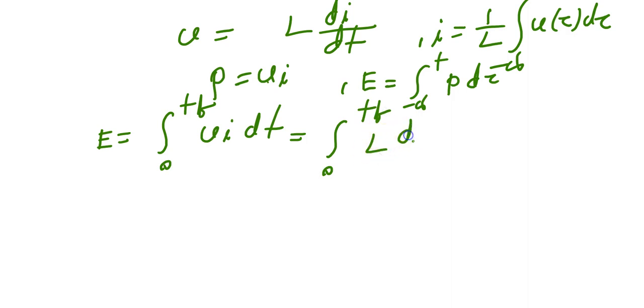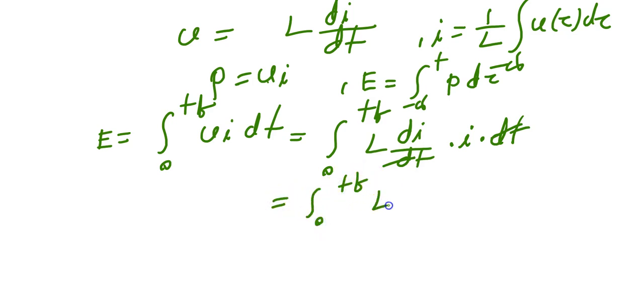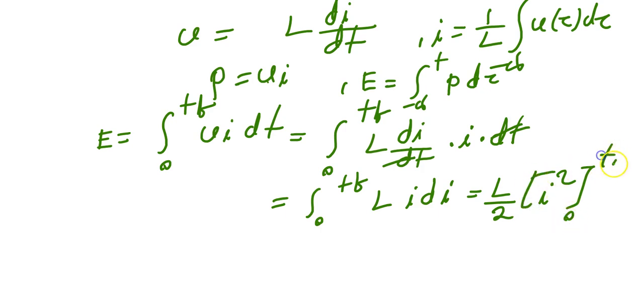V is L di upon dt, and dt cancels. So you have the integral from 0 to final time of L I di. When you do the integration, you have L by 2 I square, from 0 to final time.